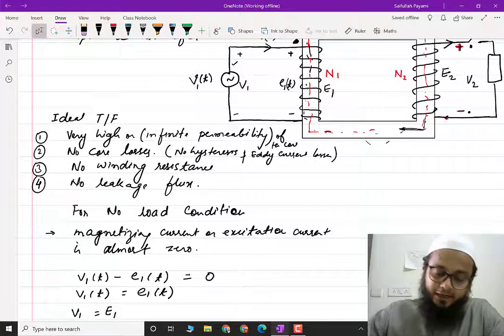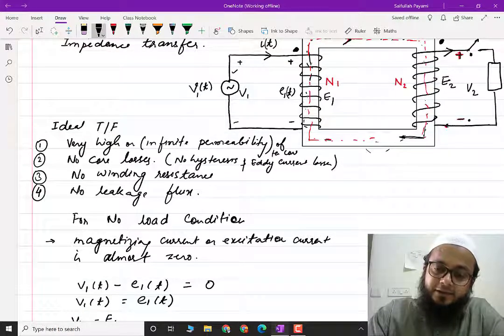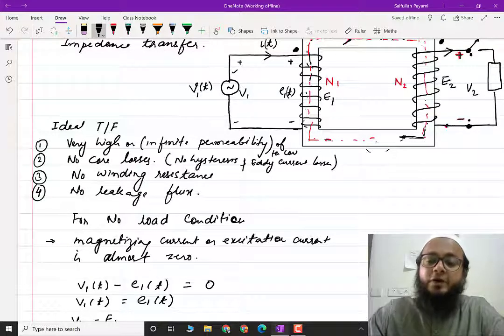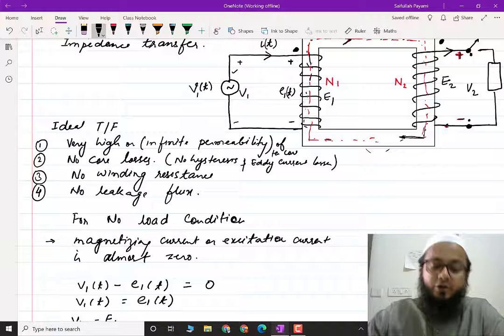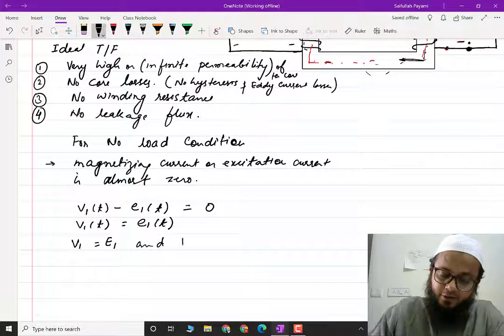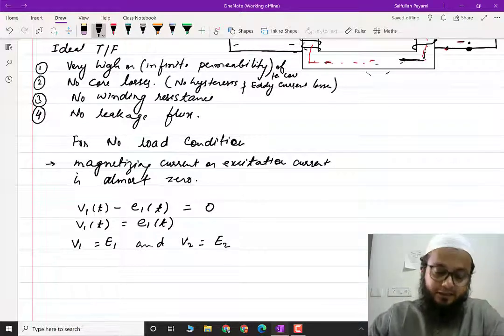Similarly, if the voltage on the terminals of the secondary coil is V2, then the moment the induced EMF is there on the secondary coil, and because there is no winding resistance, the same will apply here as well. So E2 would also be equal to V2, because there is no voltage drop, nothing.